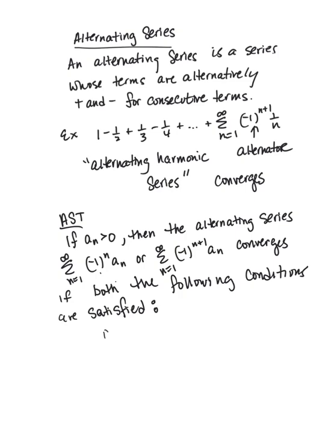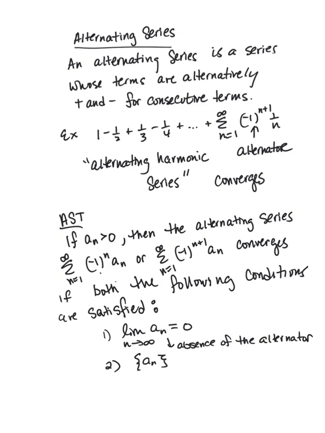And here they are. Number 1, the limit as n goes to infinity of a sub n, that means the absence of the alternator, is equal to 0, so you need that. And then 2, the sequence is decreasing, or it could be non-increasing, same thing.